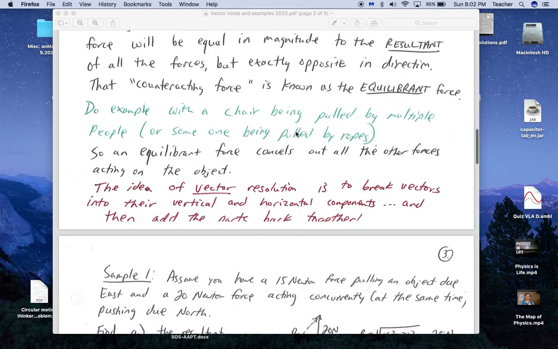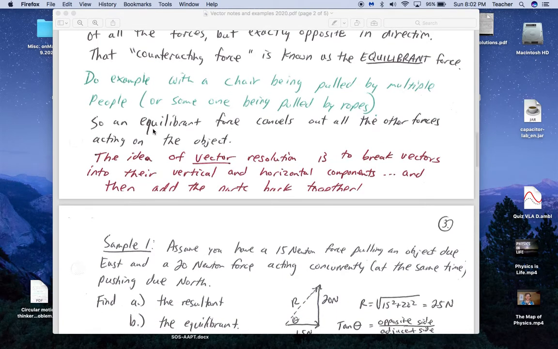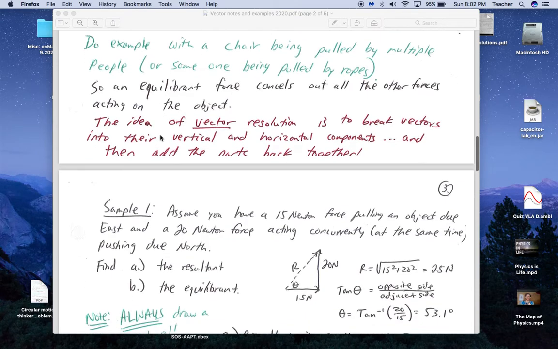So I usually do an example with a chair or something being pulled by multiple people or someone being pulled by ropes. We probably won't be doing that this year. And then one extra force would act to cancel those out. So an equilibrant force cancels out all those other forces.